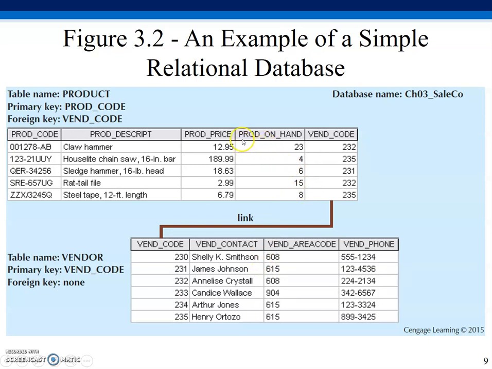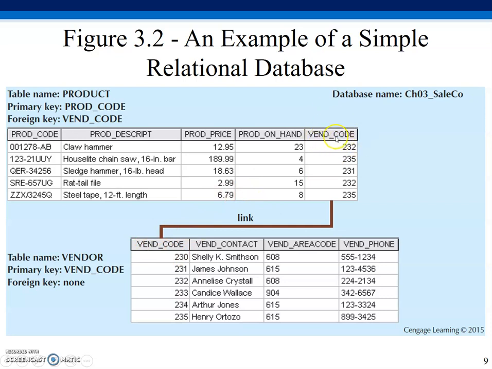Remember what I said earlier? Foreign key is foreign. In other words, it is derived from the primary key of another table. If you look at this product table, you can see that there is one field here called vendor code. This vendor code is what I call a foreign key. This particular key is derived from the primary key of this table, and hence foreign key.